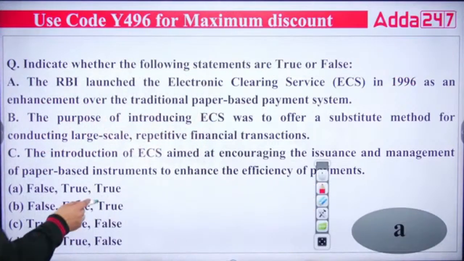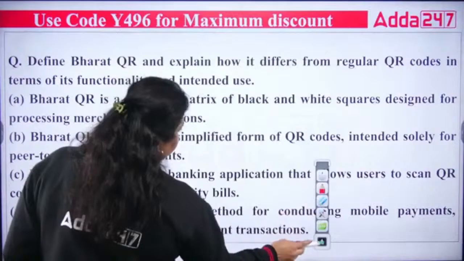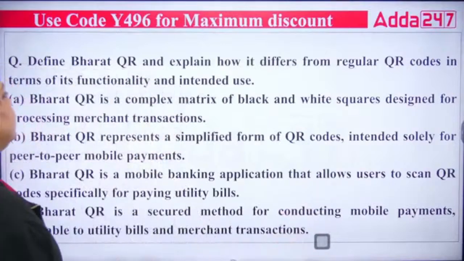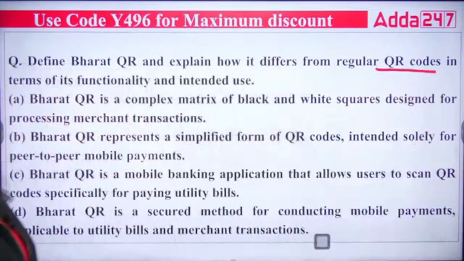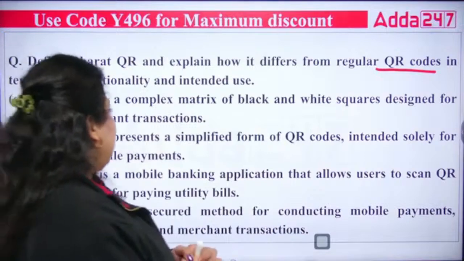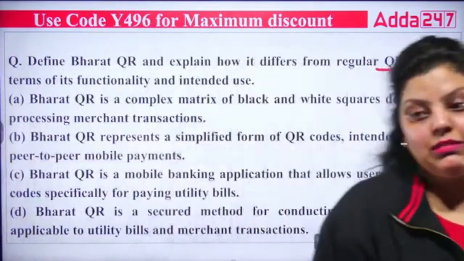Okay. Next question. Next we are talking about here, define Bharat QR and explain how it differs from regular QR codes in terms of its functionality and intended use. So Bharat QR code we are talking about, which of the following is defining the Bharat QR code. First is saying Bharat QR code is a complex matrix of black and white squares designed for processing merchant transactions.